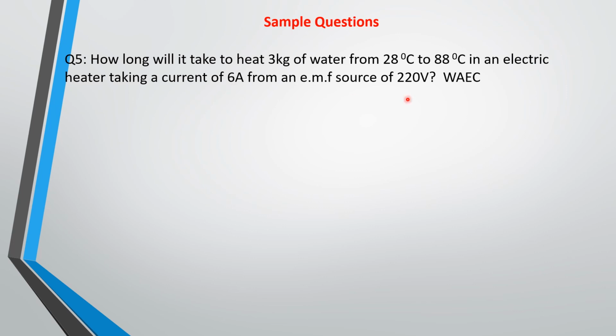You have current, you have the potential difference, and then here you are asked to find the time. So how long will it take to heat 3 kg of water from 28 degrees to 88 degrees in an electric heater taking a current of 6 amps from an EMF source of 220 volts?